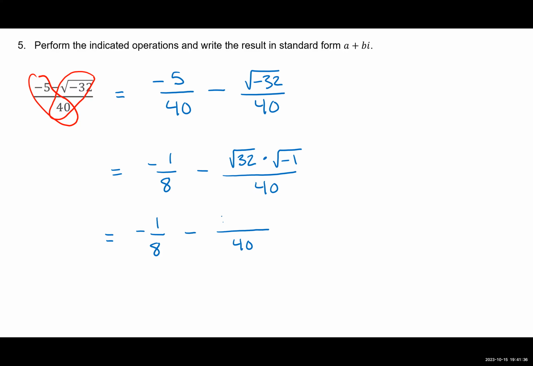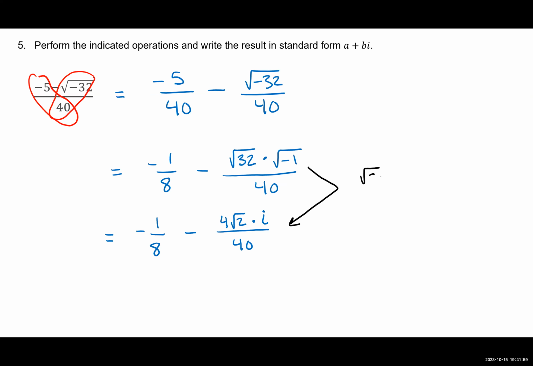That should be 4 times the square root of 2. Square root of 32 is 4 times the square root of 2. And then the square root of negative 1 is i.